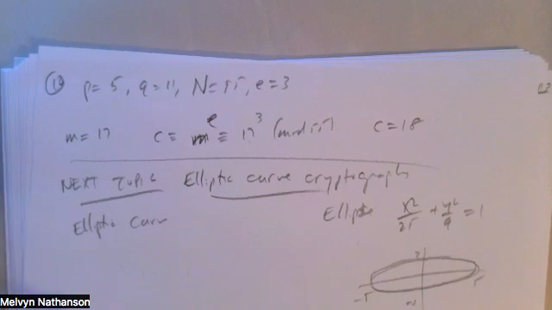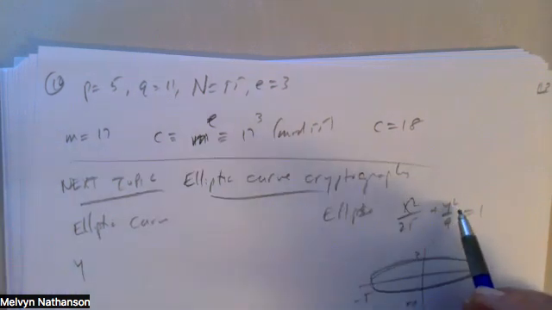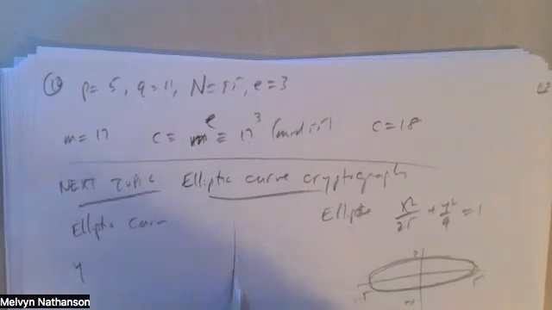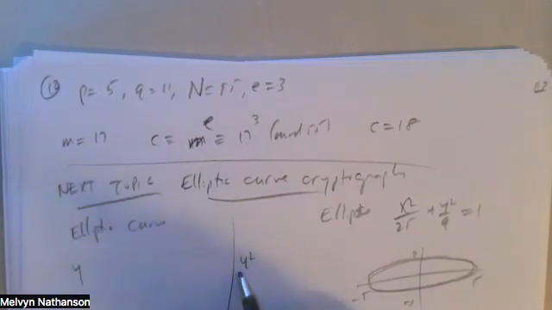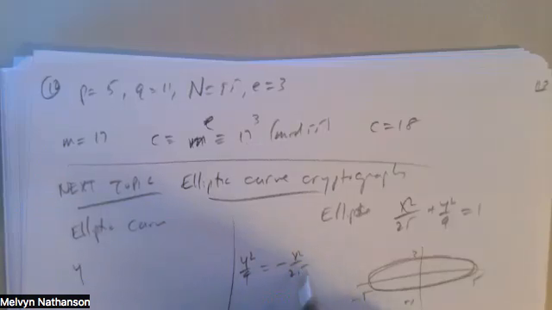Actually, if I wanted to write this in terms of y, it's an interesting exercise. So y squared over 4 is minus x squared over 25 plus 1. So y squared is minus 4 over 25 x squared plus 4.